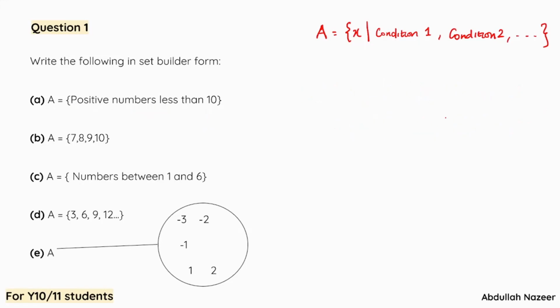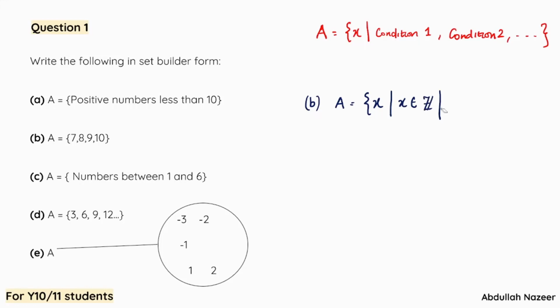Alright, now let's have a look at the second question, B. Again, A is equal to curly bracket x, and we have to say who this x is. Now you see, the listing tells me that it only has 4 numbers and all 4 of them are whole numbers. So first of all, I need to mention that they are whole numbers. So I'm going to say x is an element of integers.